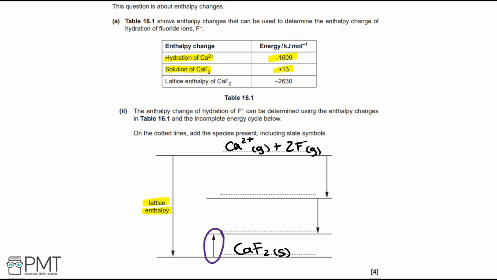And so we can fill in this dotted line. Solution of calcium fluoride is when this solid compound produces aqueous ions, or its corresponding aqueous components. And so we can fill in, and it would be Ca2+ aqueous, 2F- aqueous.